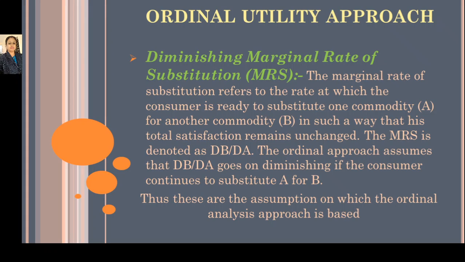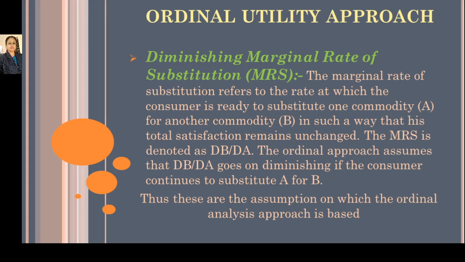The ordinal approach assumes that dB by dA goes on diminishing if the consumer continues to substitute A for B. It means the marginal rate of substitution is the rate at which the consumer is ready to give up 1 unit of commodity A for getting another unit of B. Like, assume that you have a limited income of rupees 10 and you have to buy two commodities A and B.